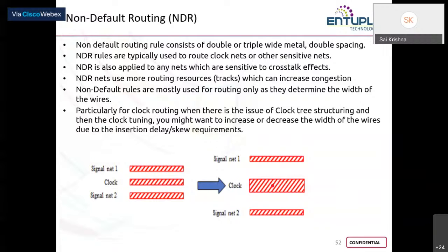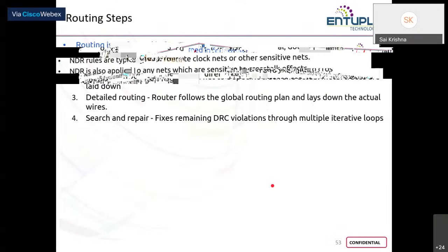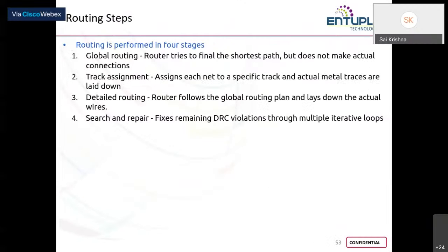Okay. So to avoid all of that, we also perform NDR. With all these settings and calculations, your routing happens in 4 stages. First is global routing, where a trial run is made to find the shortest path for each connection before it makes the actual routings.